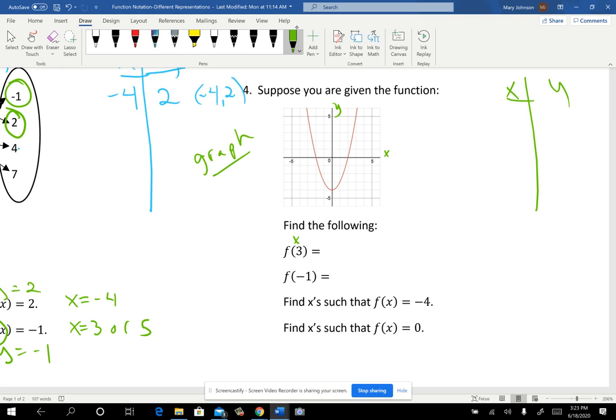And so I'm going to 3 on the x-axis, and I got to then see what point on the function has an x of 3. So when I'm at 3, I have to go up to hit the function. Do you see that? I have to go up to there to hit the function. So see, that's an ordered pair that's on the function that has an x of 3. And my job is just to look over and find out, well, what was the y associated with it? The y coordinate was 5.